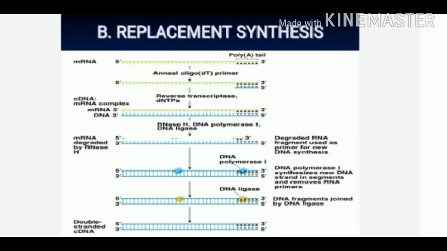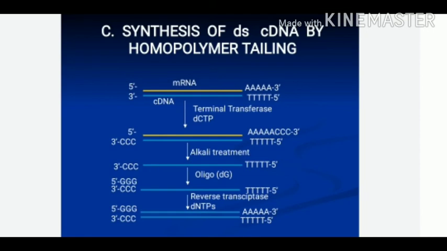The next method for the synthesis of second strand of cDNA is homopolymer tailing. In this particular method, an enzyme, terminal transferase, along with dCTPs is used to add homopolymer tails of dC residues to the 3' end.